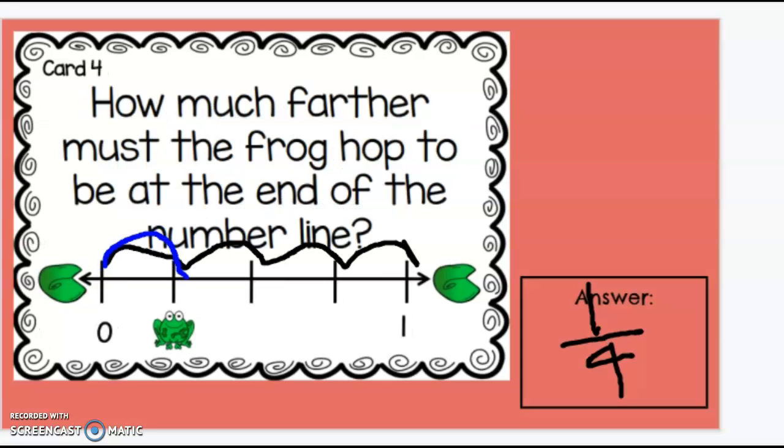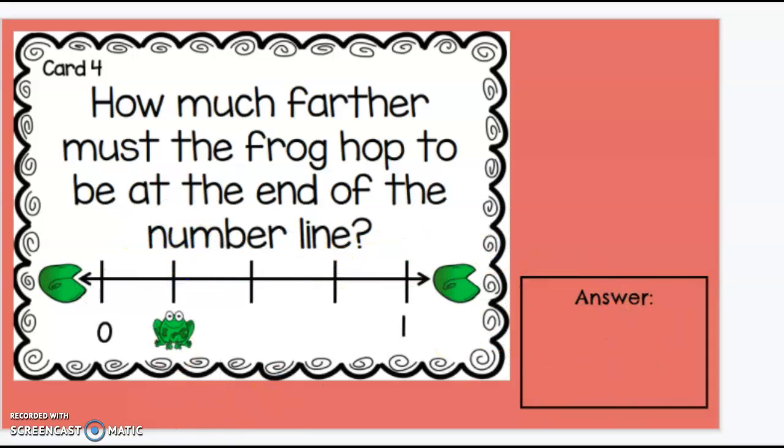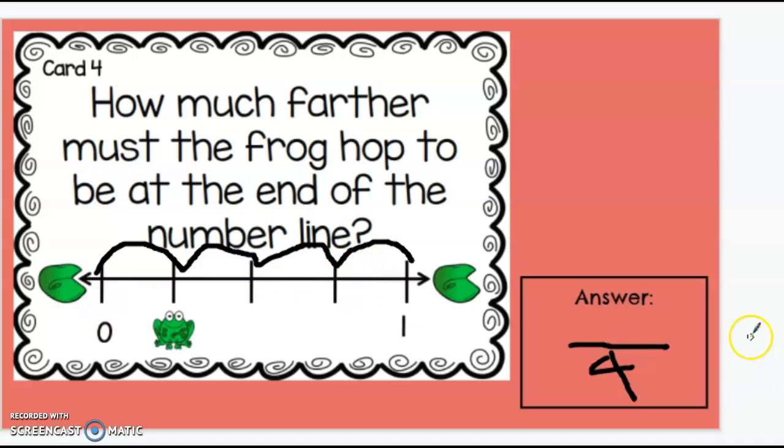And the next one. Oops, let me erase this. Okay. How much farther must the frog hop to be at the end of the number line? Well, let's figure out how many spaces we have on our number line. 1, 2, 3, 4. So I know my denominator is going to be 4 because there are 4 spaces, and the frog has already jumped 1/4.